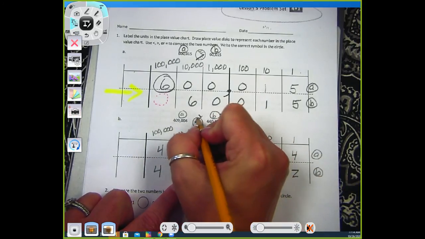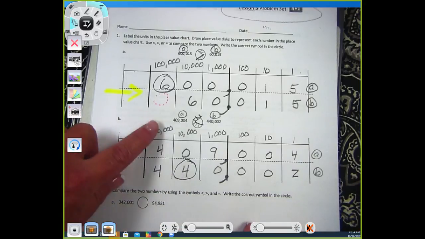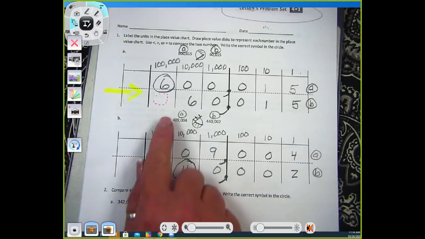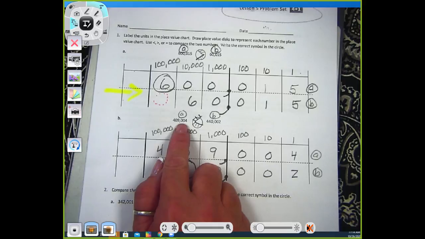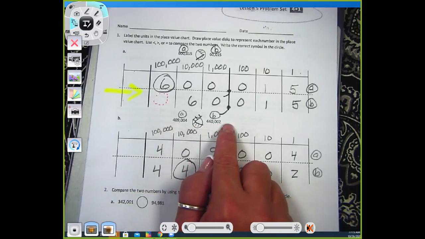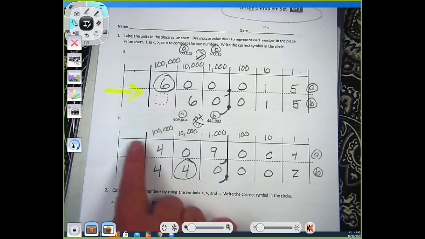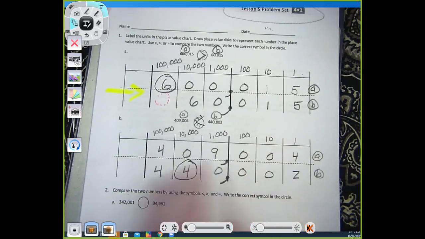Because it's bigger, Amy said. So the way I would say this in words, 409,044 is less than 440,002. Okay, so there we modeled our place value chart.